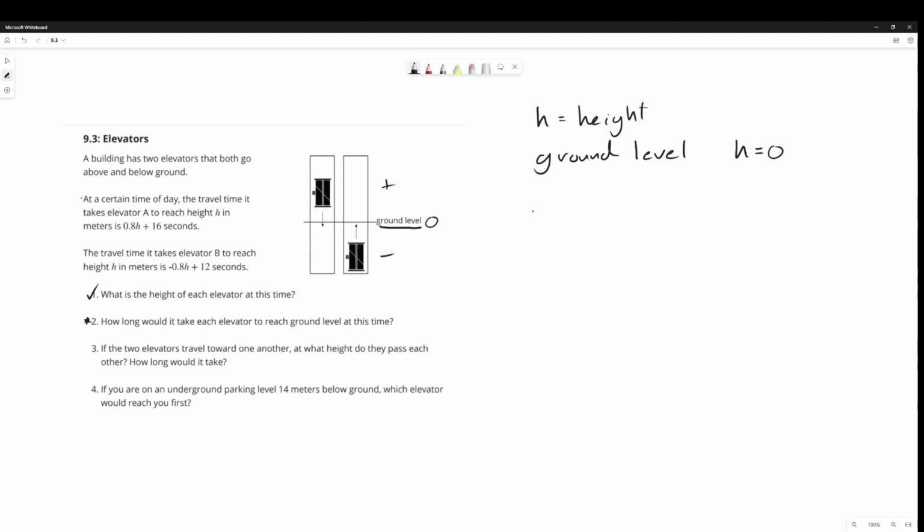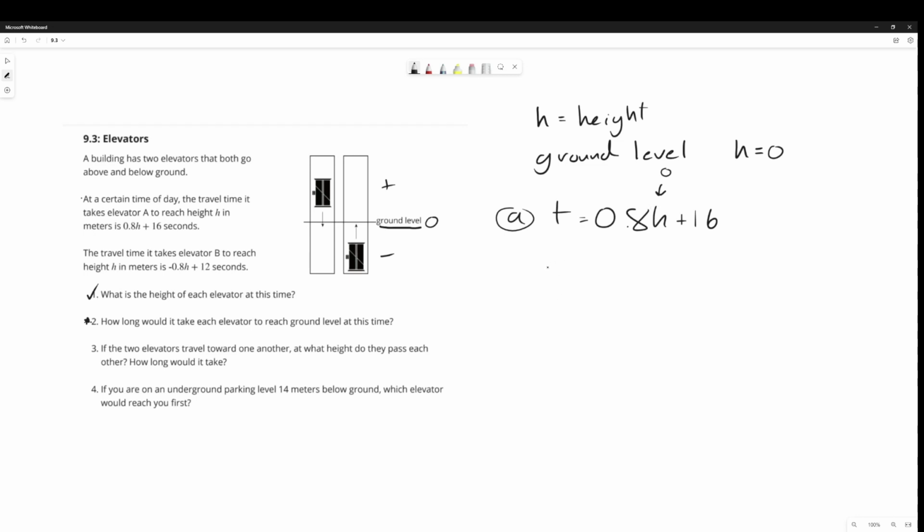So now let's bring over our equation. For elevator A, let's rewrite our equation here: t equals 0.8h plus 16. Let's write this down in your notebooks. Now, in number 1, to find the time at 0, I replaced t with a 0. Now, to find the height at ground level, I'm going to replace h with a 0 because I want to know when it will be at ground level.